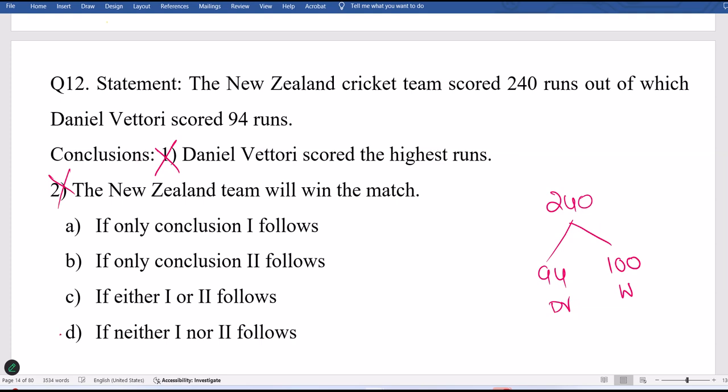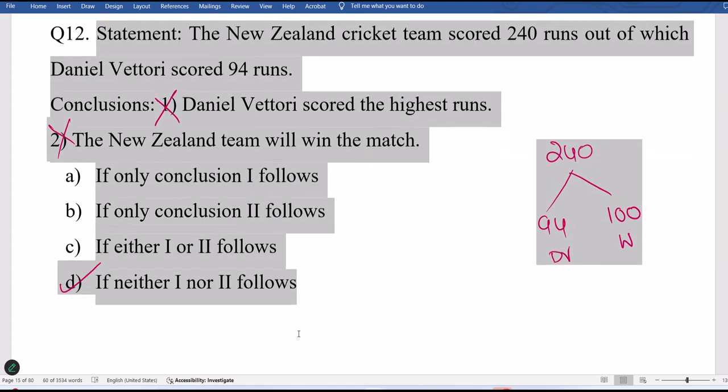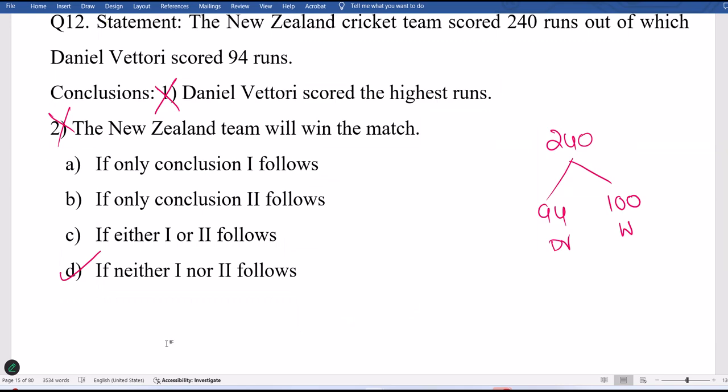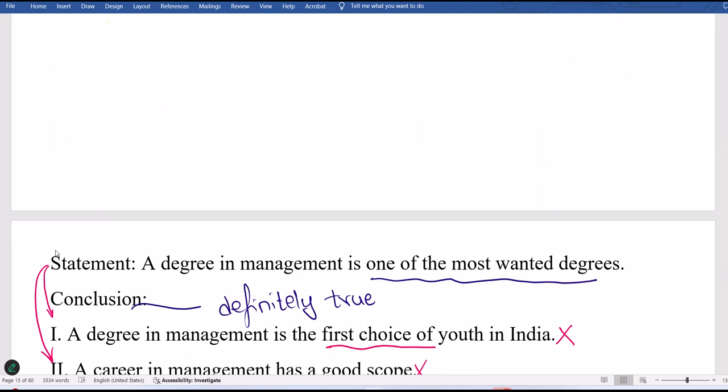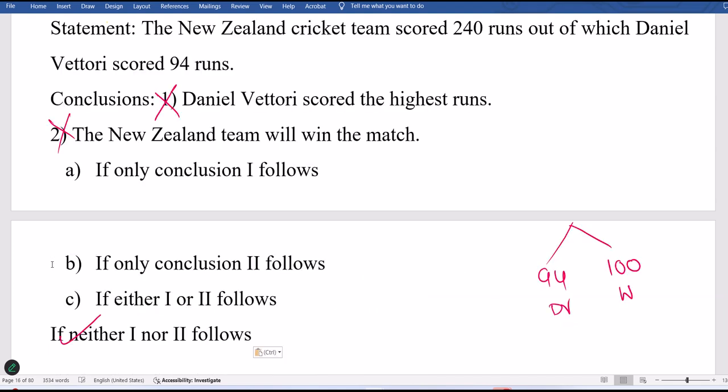So neither follows. Now the same question, with a small change, the answer will be changed. One small change I'll make, then see, the answer is different now. One change in the question will affect the entire answer.